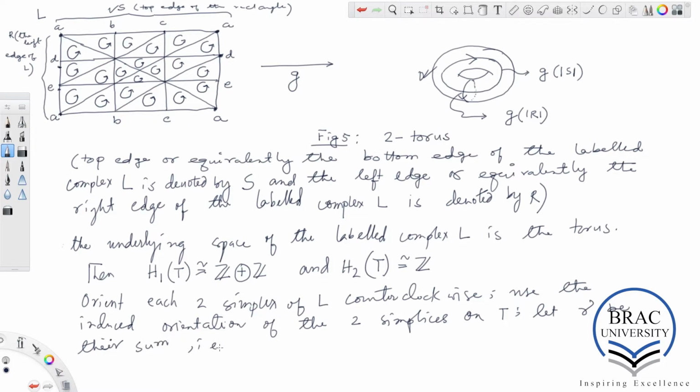That is, gamma is equal to the sum of sigma I, where I runs over a finite set.